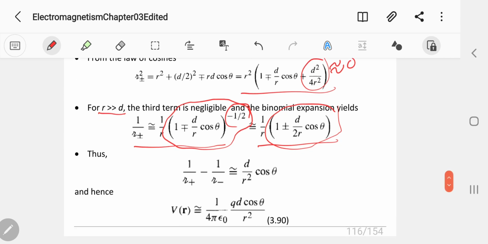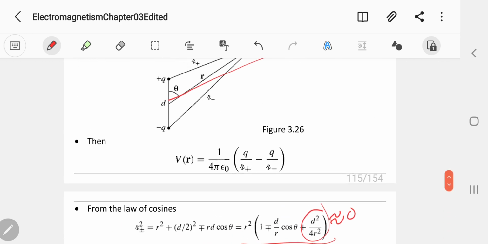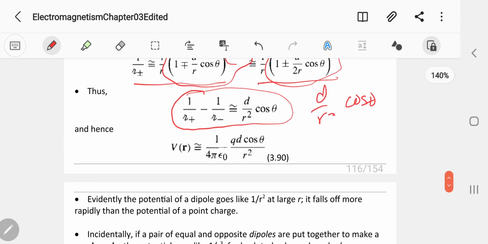Therefore, 1 over R plus minus 1 over R minus is approximately equal to D over R squared cosine theta. And hence you have your V from this one, which will have the form of this one here.